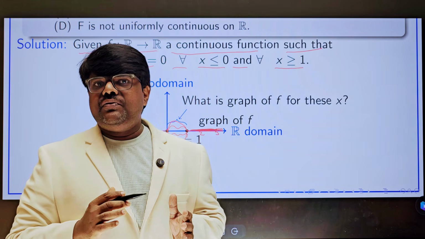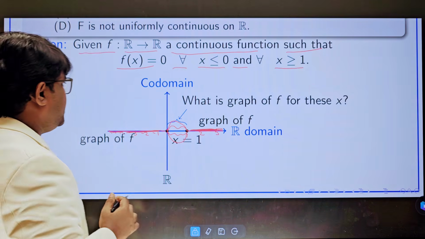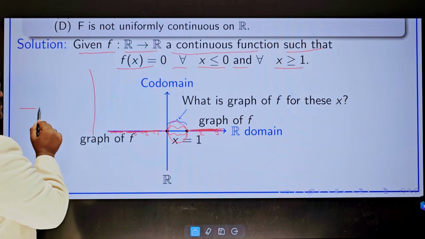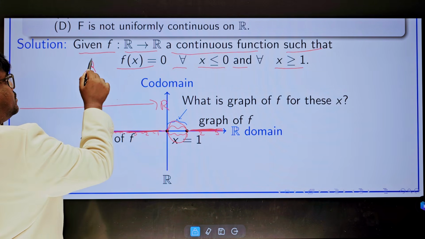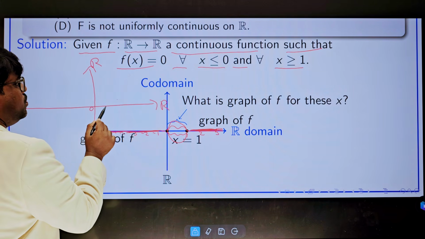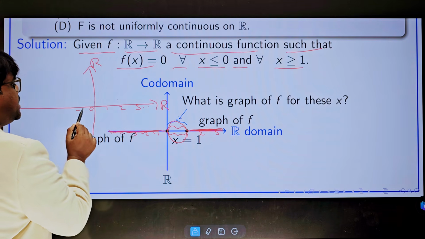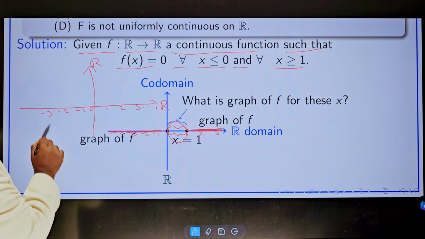If it is continuous, some graph exists. Again, I will draw the graph. Zero, 1, 2, 3 and so on, minus 1, minus 2, minus 3 and so on.